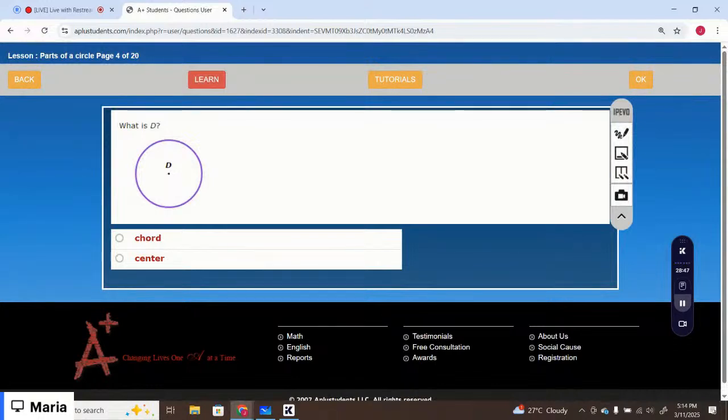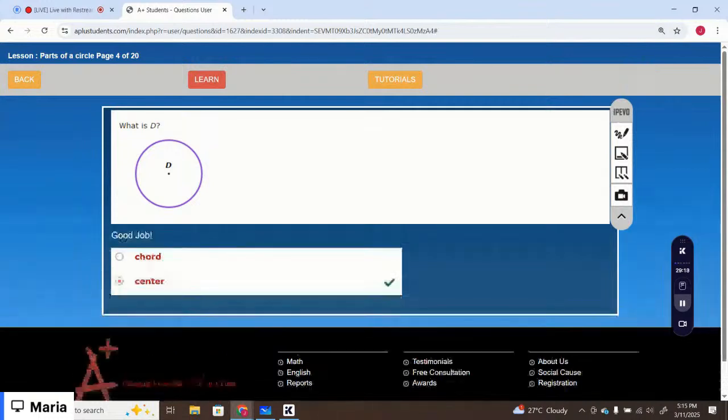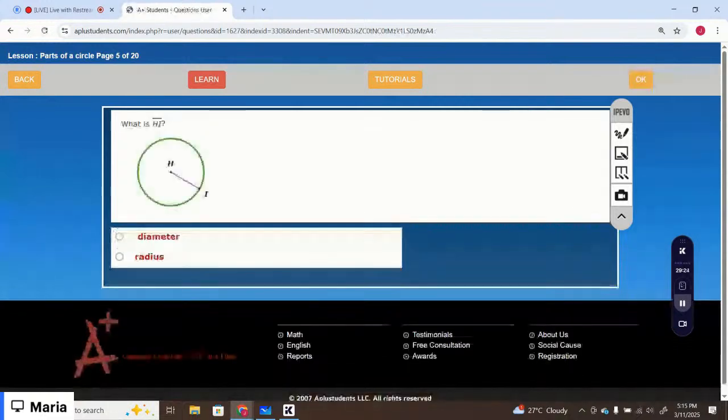What is D? D is the center of the circle. The correct option is center. Option number two is the correct option. What is HI?